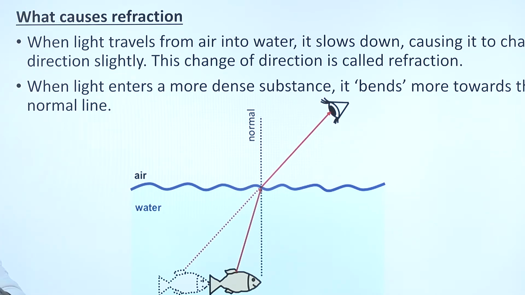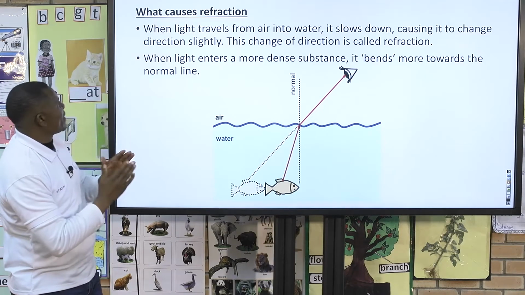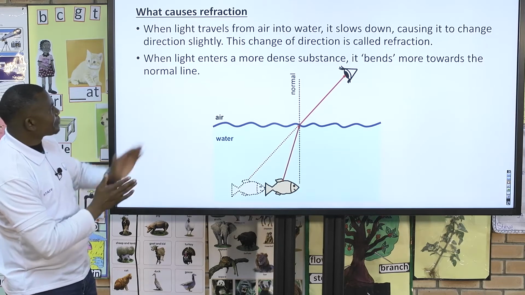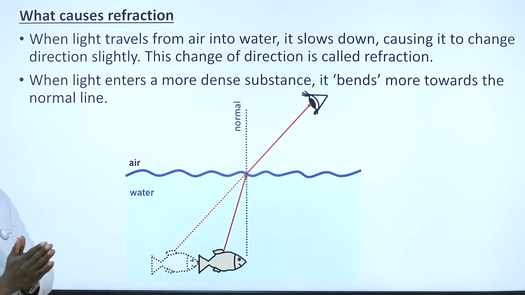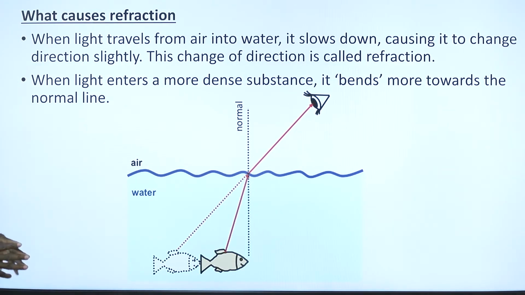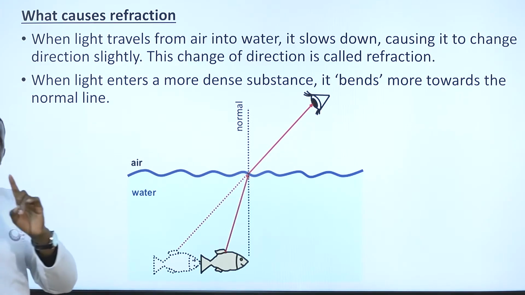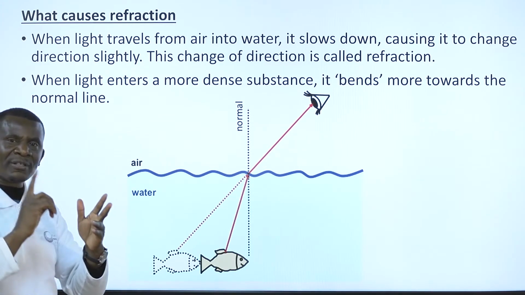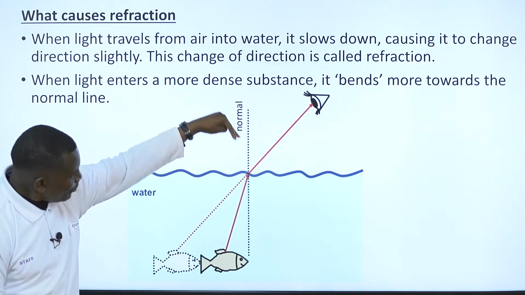It's like throwing a stone in water. It comes at a higher speed, but when you throw it in water, it goes slowly. This is what happens with refraction. When light enters a denser substance, it bends towards the normal line. Boys and girls, we talked about the incident ray, we talked about the refracted ray, and now we are talking about the normal. Look at the normal.